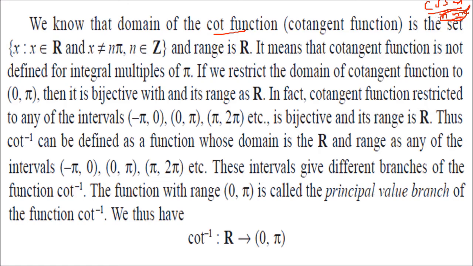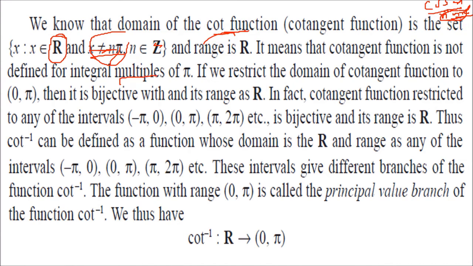And sine becomes 0 for x equal to n pi. So the domain of cot will be all real number values except n pi. The range is all the real numbers. That means the cotangent function is not defined for integral multiples of pi.